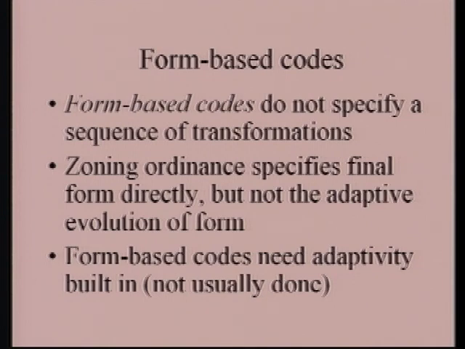It is possible to get some adaptivity built into form-based codes, and that will make them good codes instead of bad codes. Nevertheless, in the vast majority of urbanist codes that are in use today, especially in the developed countries, this is not usually done. So form-based codes that are used do not have adaptivity built in.